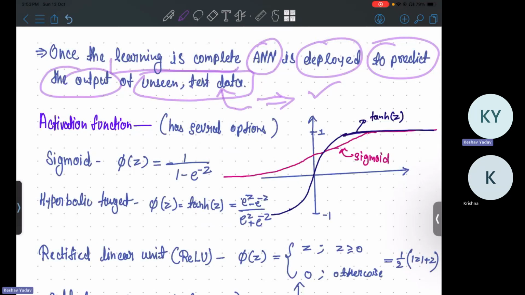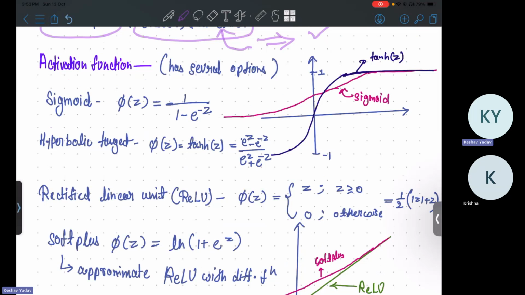Now we will see some types of activation functions. There are several options available, only a few we will see here. The first activation function is the sigmoid activation function, phi z equal to 1 divided by 1 plus e to the power minus z. If you put infinity here, e to the power minus infinity will be 0, so 1 divided by 1 will be 1.